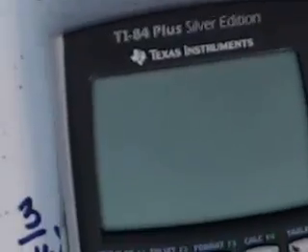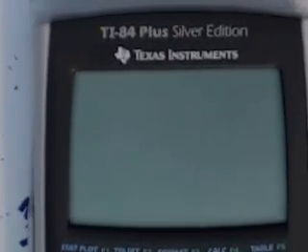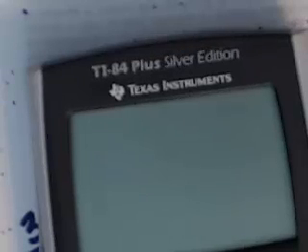So we're going to be using the term reciprocal as we do our calculator activity.